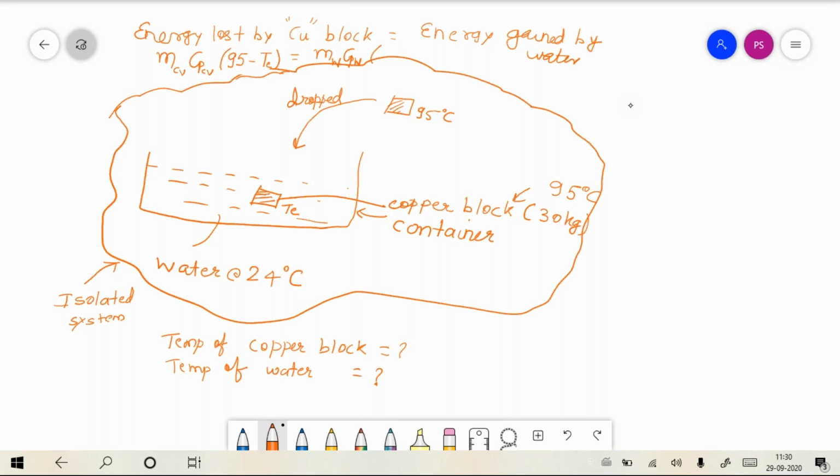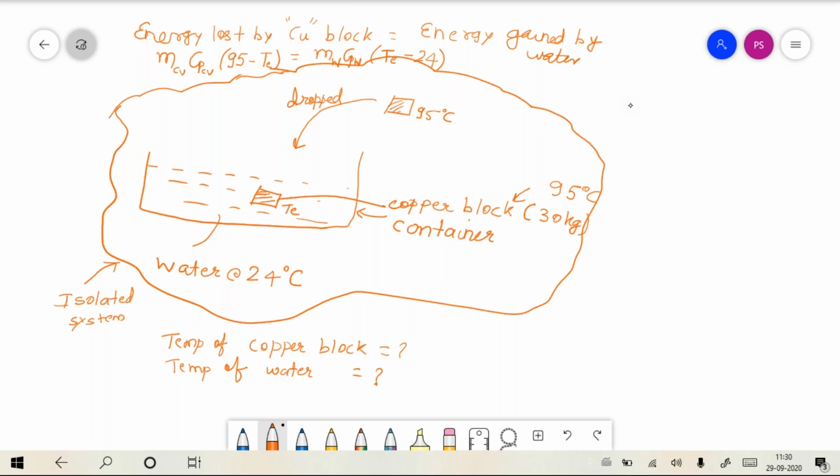The final temperature of the water would be the equilibrium temperature, and the initial temperature was 24 degrees centigrade. So the equation is M of copper, Cp of copper, into 95 minus TE, equal to mass of water, Cp of water, into TE minus 24.